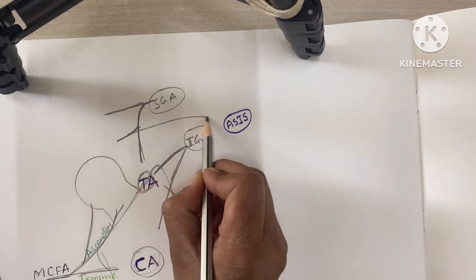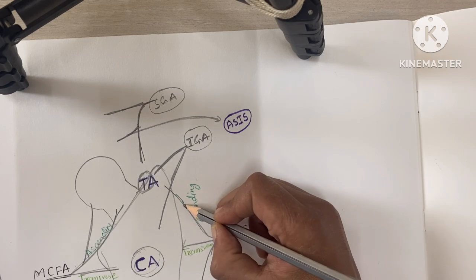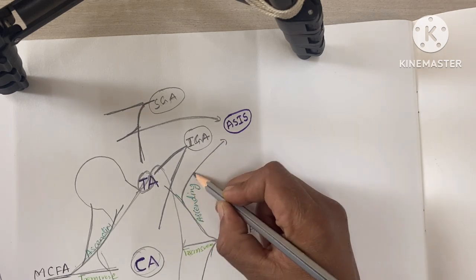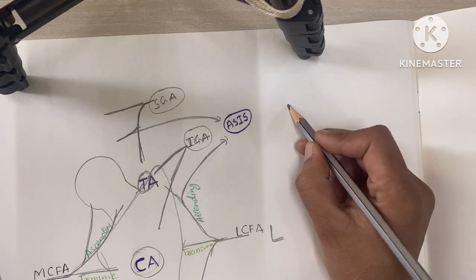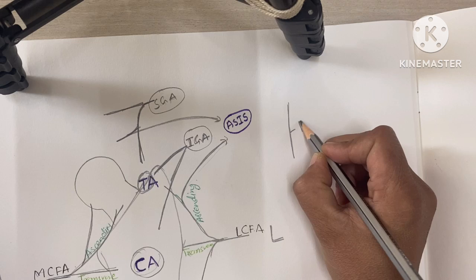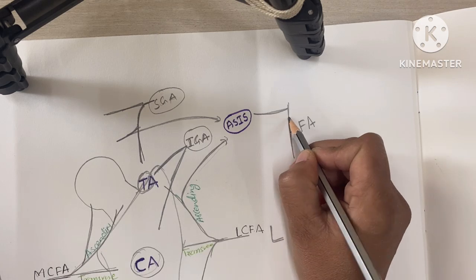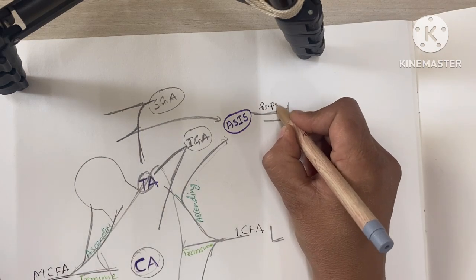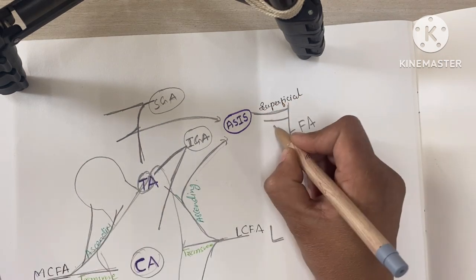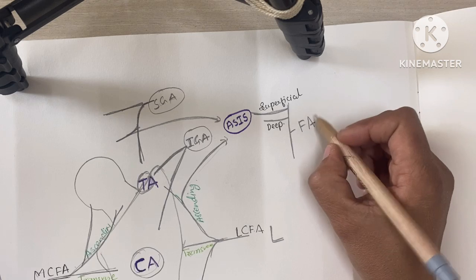So it is formed by the branch from the superior gluteal artery, the ascending branch of the lateral circumflex femoral artery, and branches of the femoral artery, that is the superficial and deep circumflex iliac arteries.